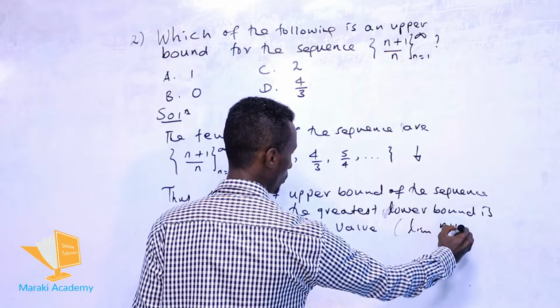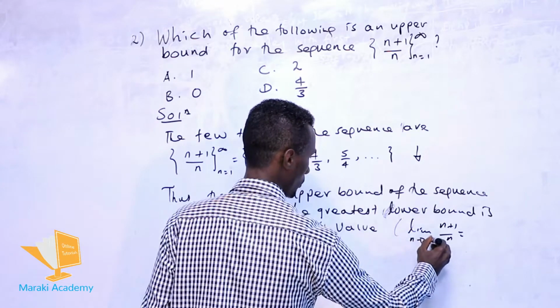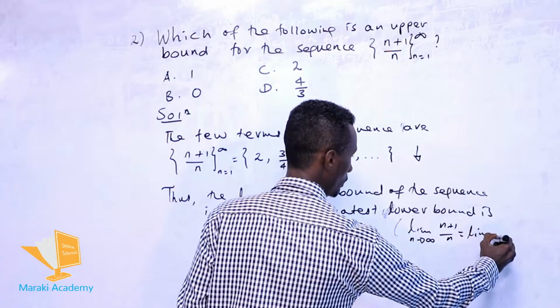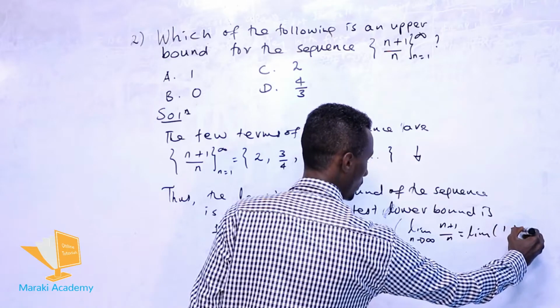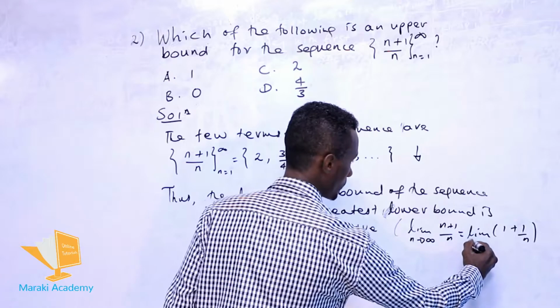When we determine the limit: the limit of (n plus 1) over n, where n starts from 1 up to infinity and n approaches infinity, is equal to the limit of 1 over n when n approaches infinity.